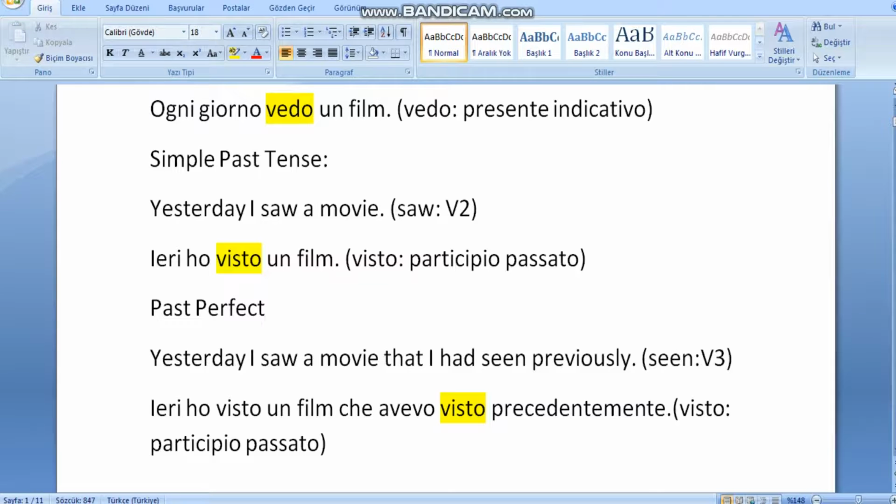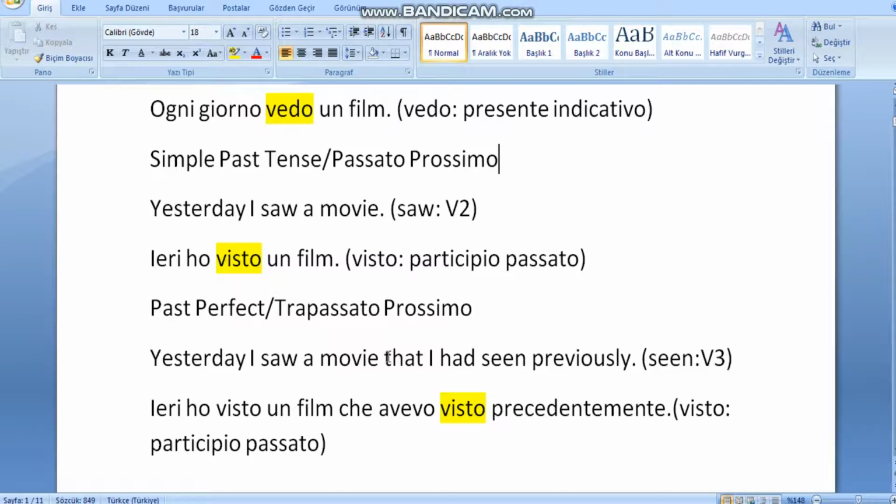Past perfect tense in Italian is trapassato prossimo, and simple past tense in Italian is passato prossimo.